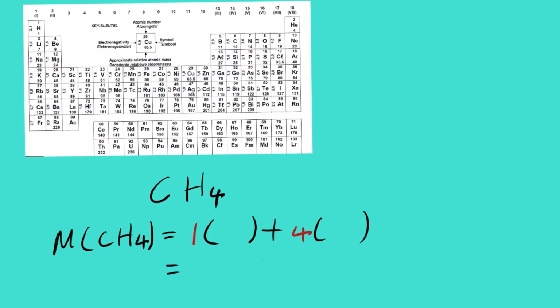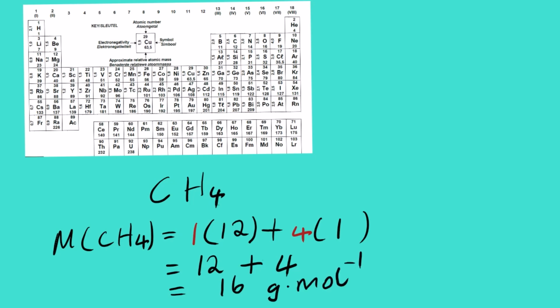What is the relative atomic mass? It's 12. For hydrogen it's 1. So 1 multiplied by 12 is 12, plus 4 multiplied by 1 is 4. 12 plus 4 is 16 grams per mole.